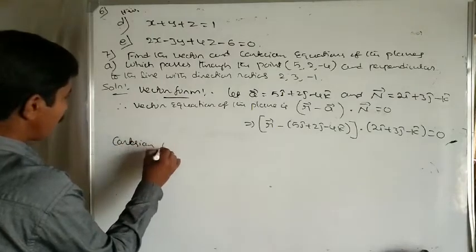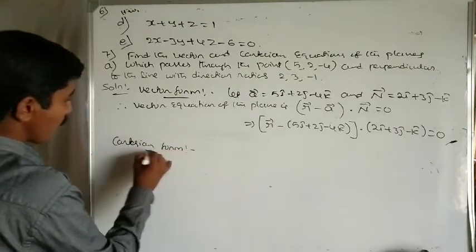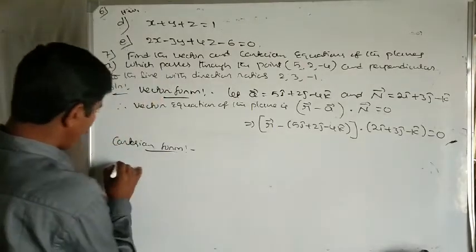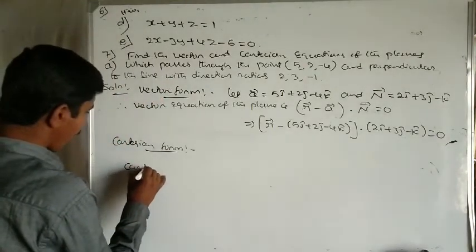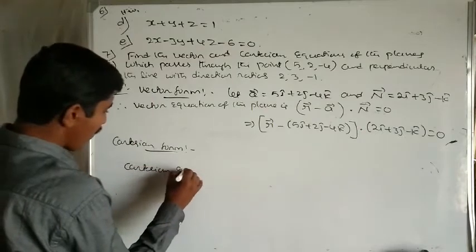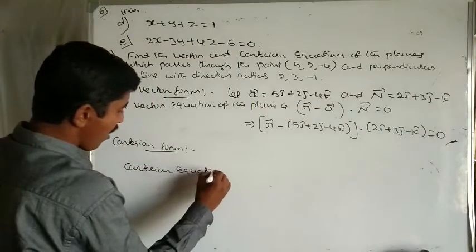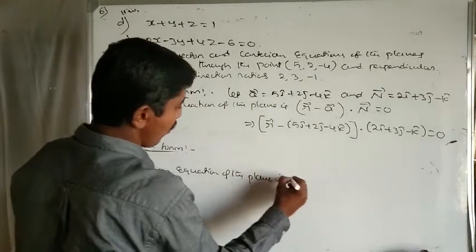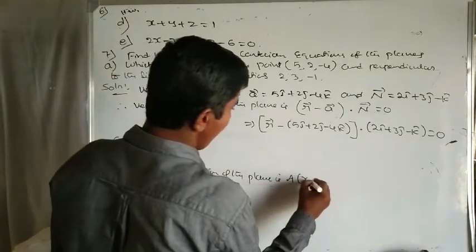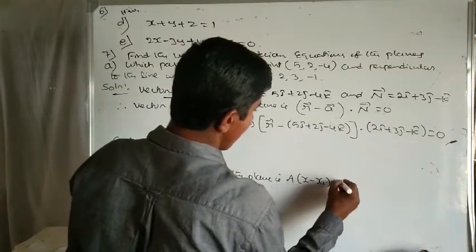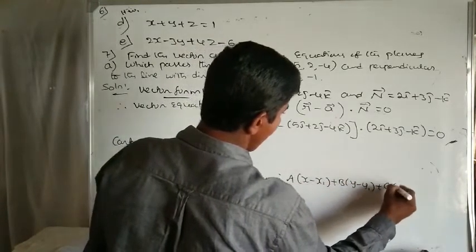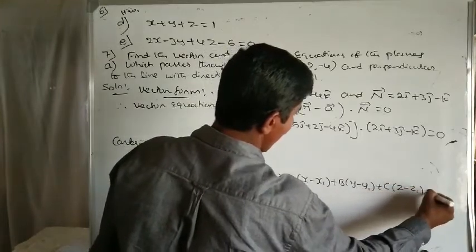Cartesian form. So the Cartesian equation of the plane is given by a into (x minus x1) plus b into (y minus y1) plus c into (z minus z1) is equal to 0.